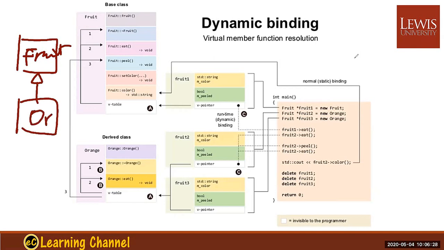The base class has a constructor, destructor, eat, peel, set color, and color, and there's something called a virtual table, since here we are looking at the C++ method.